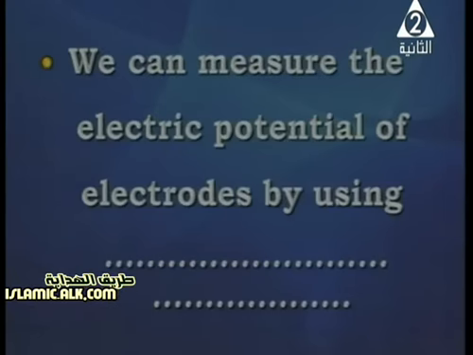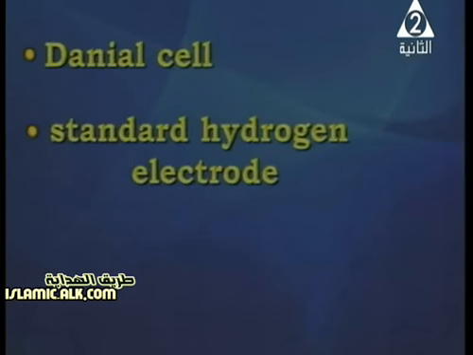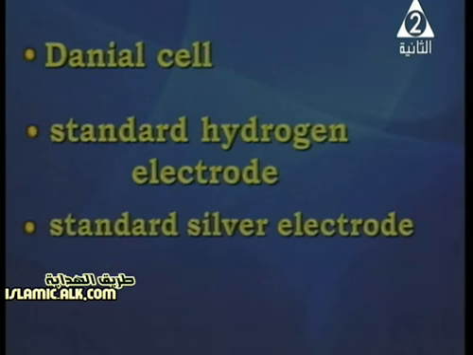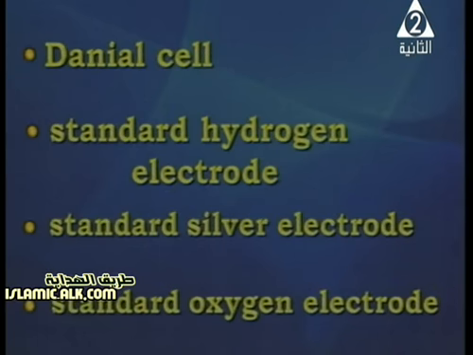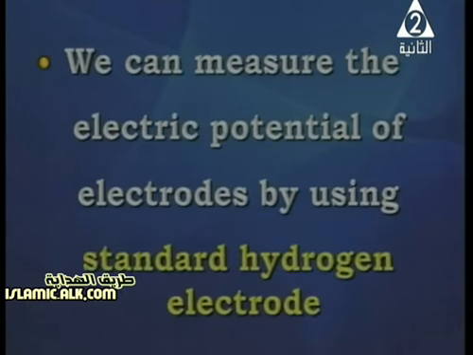Next point, we can measure the electric potential of electrodes by using what? Daniell cell, standard hydrogen electrode, standard silver electrode, or standard oxygen electrode? Yes, if you think about it, my dear student, we can measure the electric potential of electrodes by using the standard hydrogen electrode.